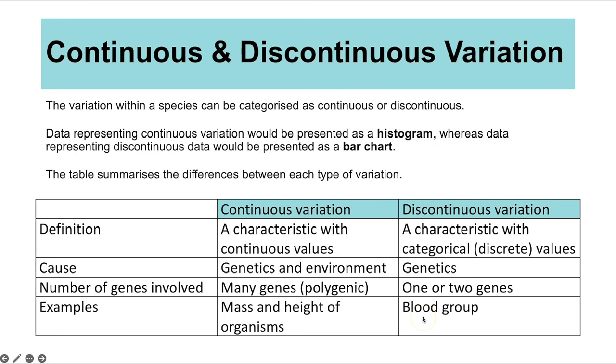Like your blood group isn't going to change because of what environment you live in. And then the final comparison is the number of genes involved. Continuous variation, the reason that there are a continuous range of traits that people could have for that particular characteristic is usually because there are many genes and many alleles for those genes involved, so polygenic. Whereas discontinuous variation is normally controlled by one, possibly two genes.